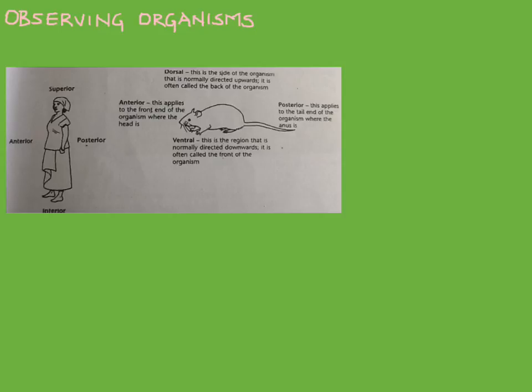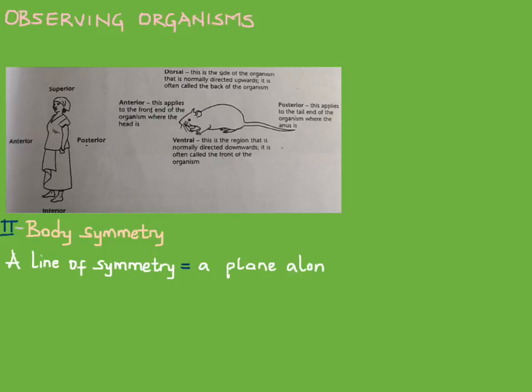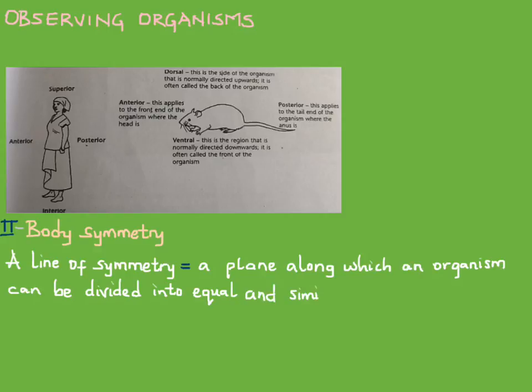Another external structure to take note of is the organism's body symmetry. A line of symmetry is a plane along which an organism can be divided into equal and similar halves.